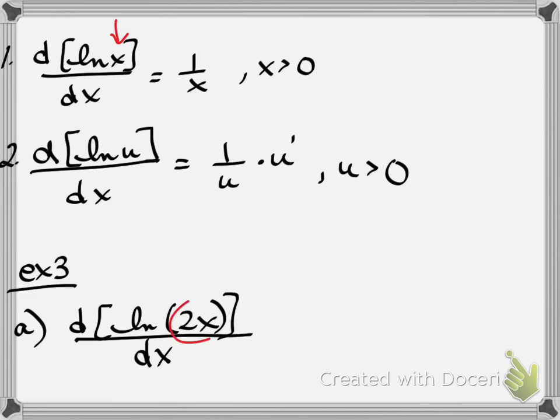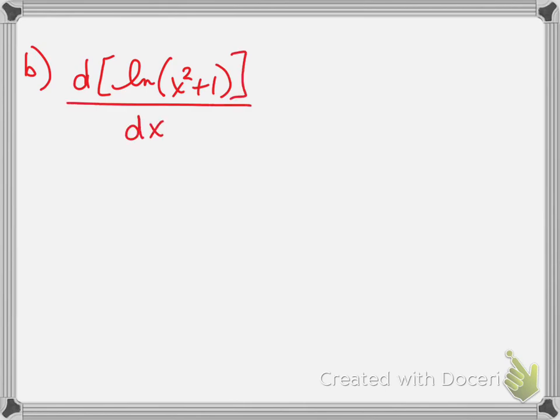Normally there's something here. So we've got 2x. That means u is 2x, so u prime is 2. So our answer is just 1 over u times u prime, and the 2's cancel, so it's just 1 over x. I think we did that one in class.